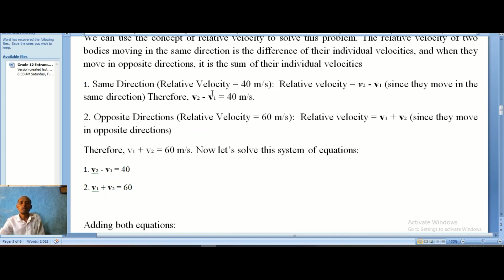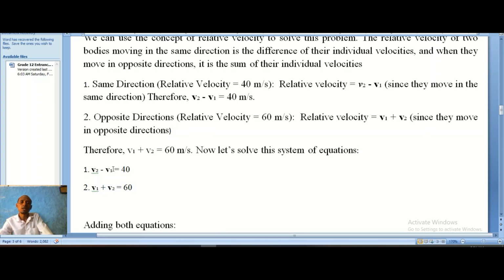The second one, when they are moving in opposite directions, the velocity is equal to 60 meters per second, which means V1 plus V2. Therefore V1 plus V2 is equal to 60 meters per second.